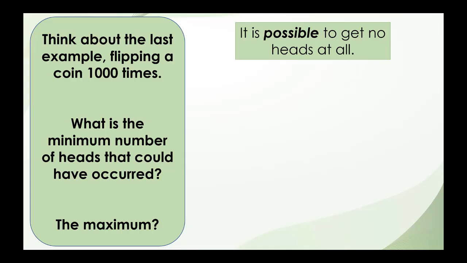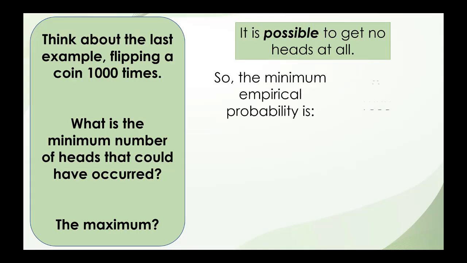It's not very likely, but it is possible to flip the coin 1,000 times in a row and get tails 1,000 times in a row. So if we were computing empirical probability and we never had heads come up, then the empirical probability of obtaining heads would have been 0 out of 1,000, which turns out to be 0.